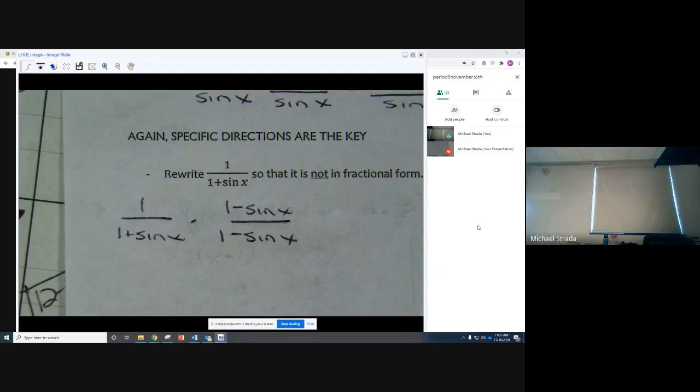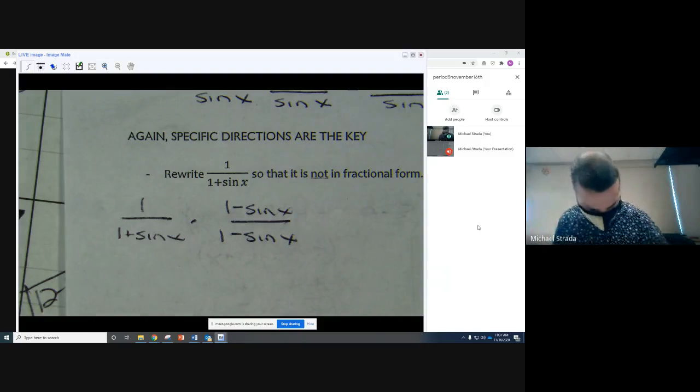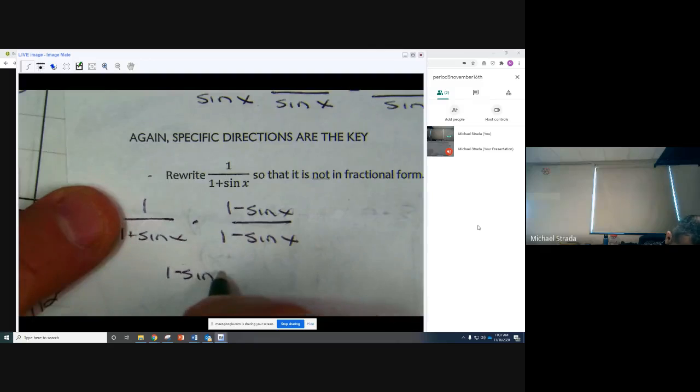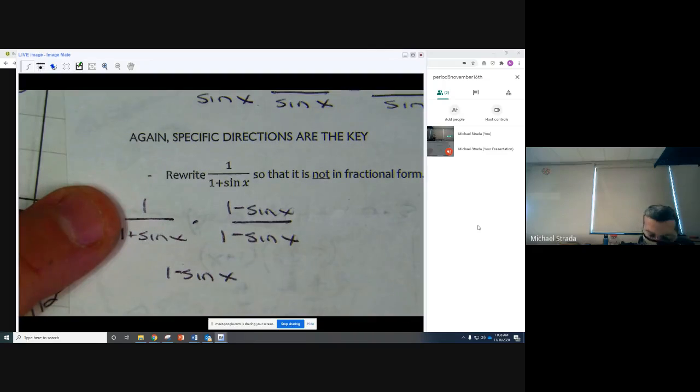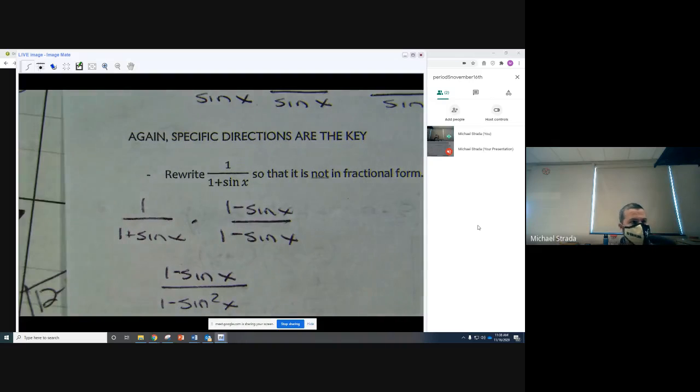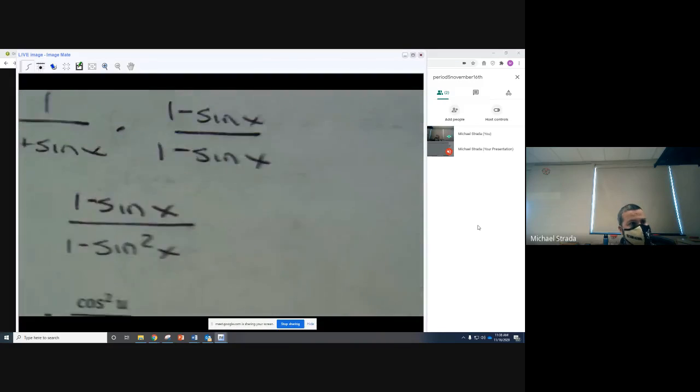So when I'm done, I'm going to have the expression 1 minus sine x. Everybody okay with that? Because multiplying by 1 stays the same, over 1 minus sine squared x. So we're showing knowledge. We're multiplying by the conjugate.